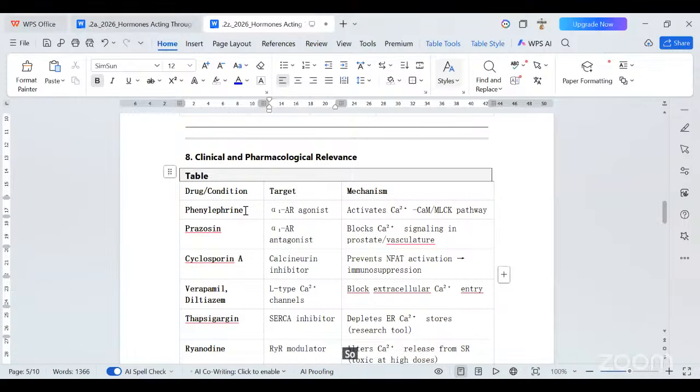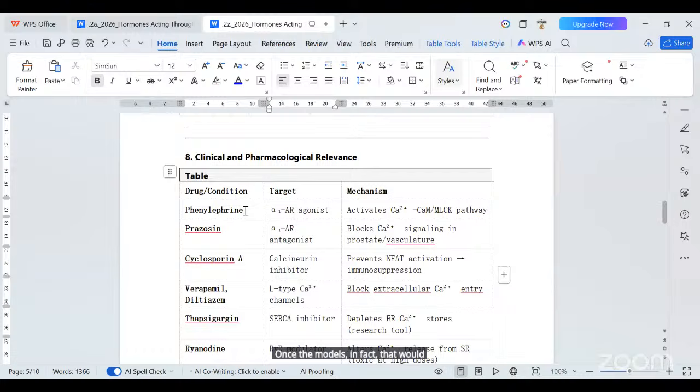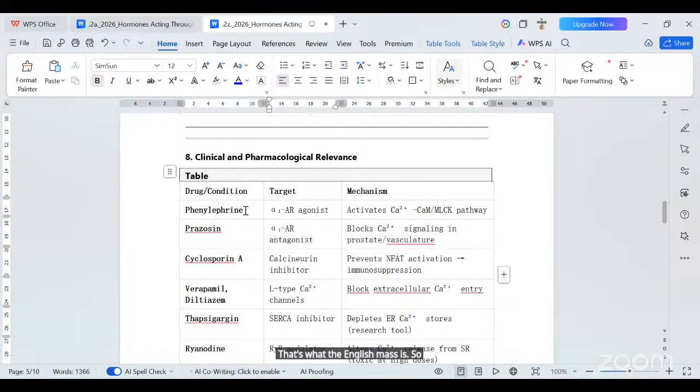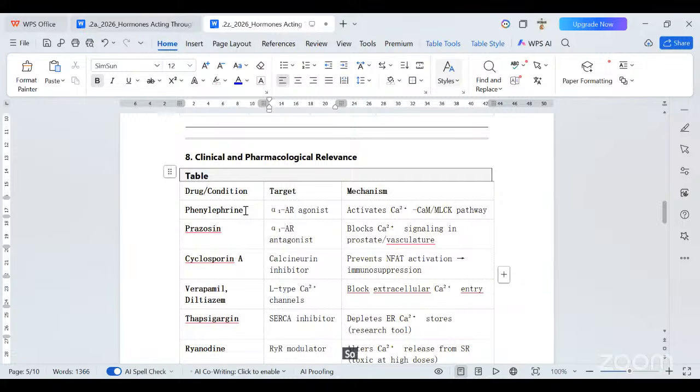So that's why some people will eat some type of food and have serious trouble with it, while for some others, in fact, that would be their best food. They say one man's meat is another man's poison. So it's always good for you to know your body type. So for different medical conditions, these are the drugs.